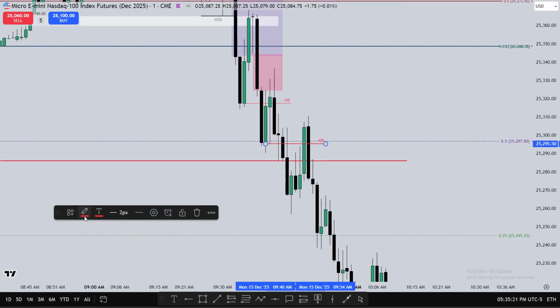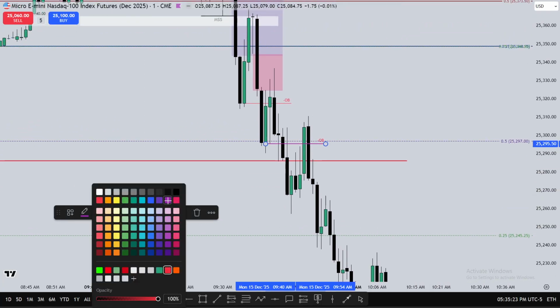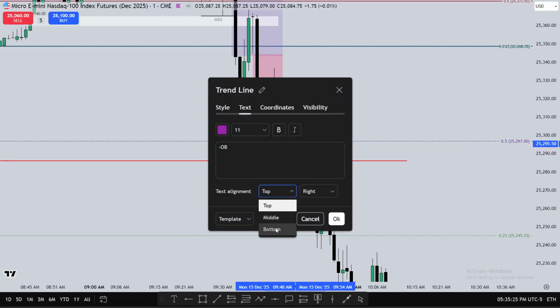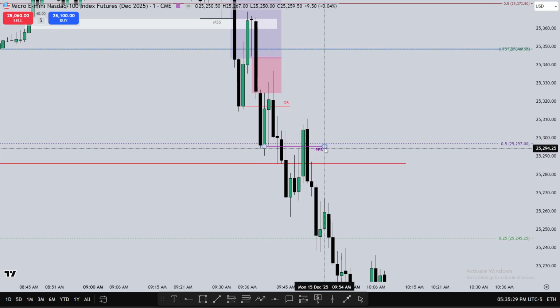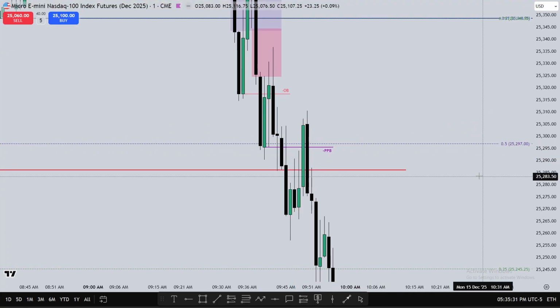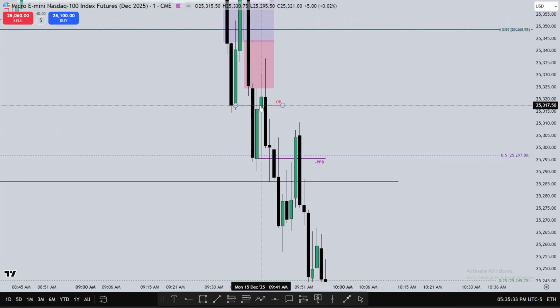An order block inside of an order block is a bearish propulsion block. Have this order block that closed inside of this one and then validated here.